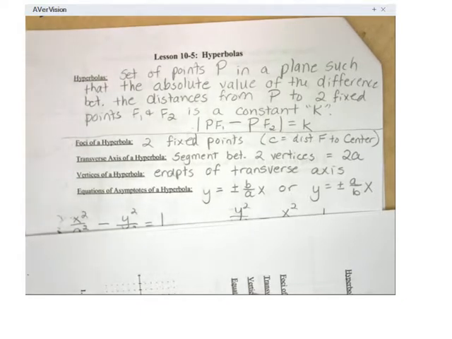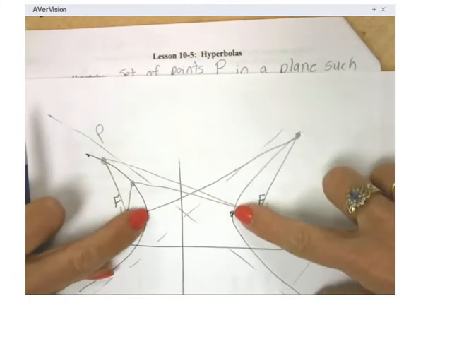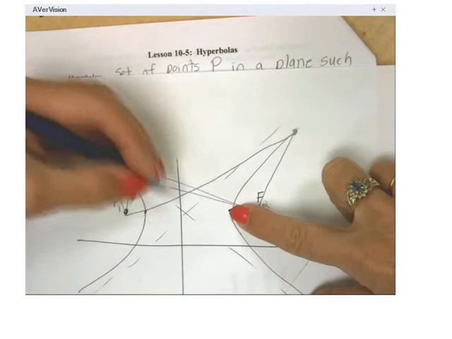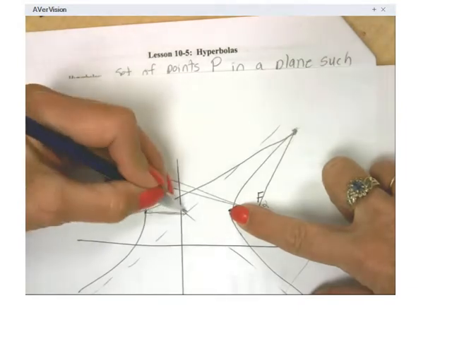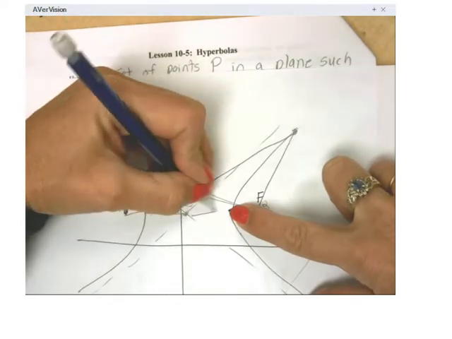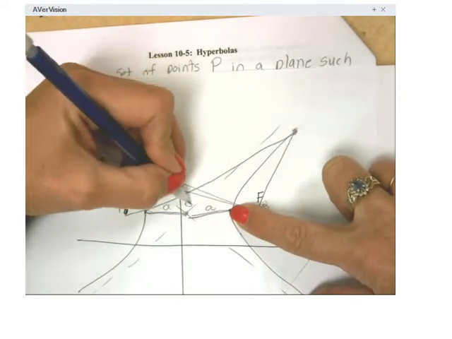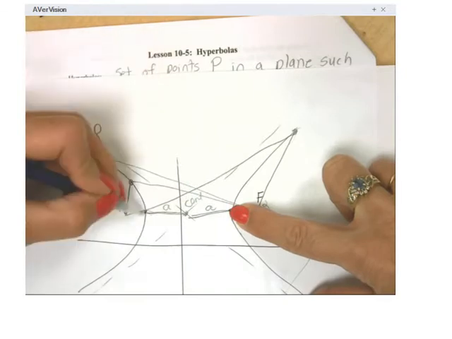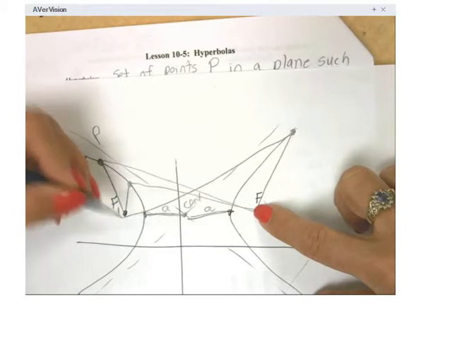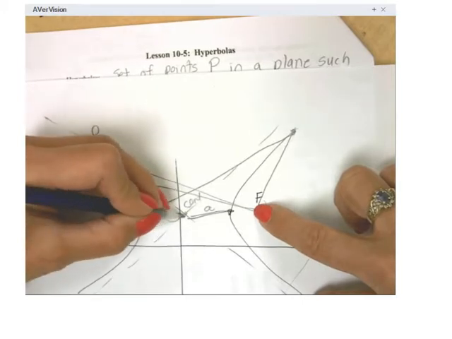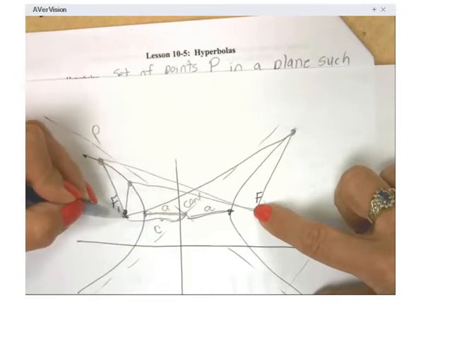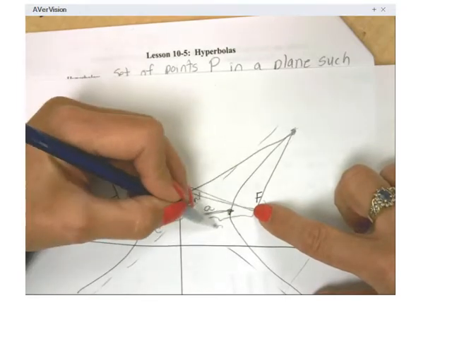The transverse axis is, let me pull this picture back up, the distance between these two vertices. This little distance will actually be, if this is the center, our little a. This little distance will also be little a. Again, that's the center. These would be vertices. We have our two foci. And then this distance from the center to a focus will be c, and you can see that's longer than a.